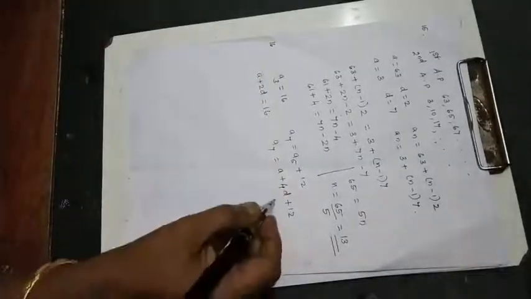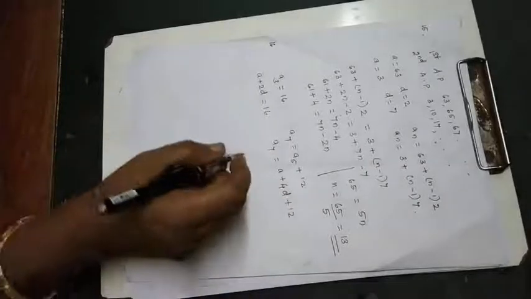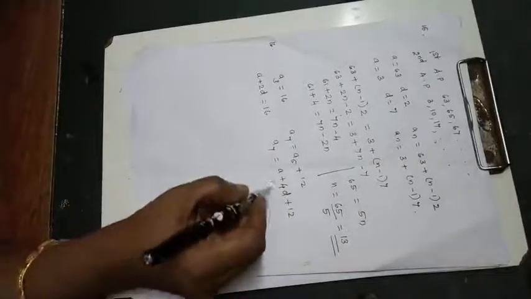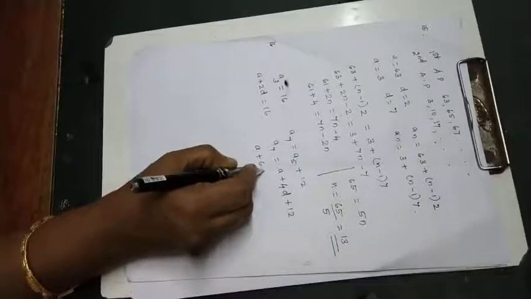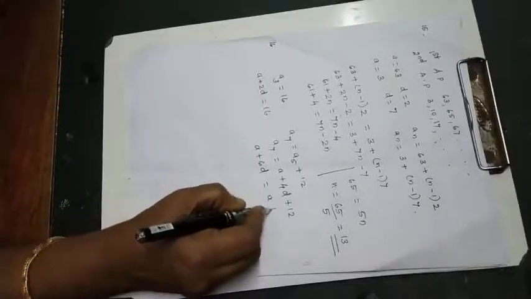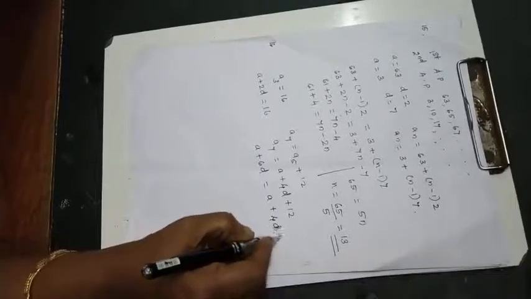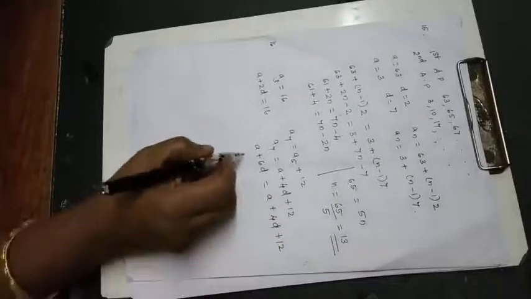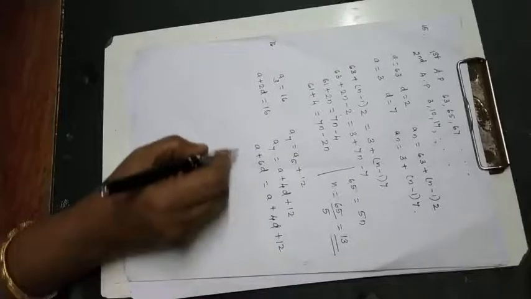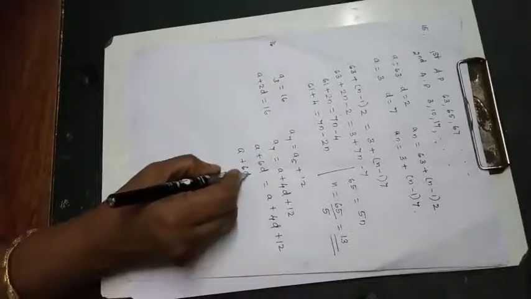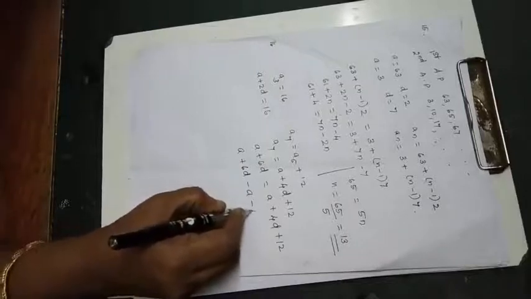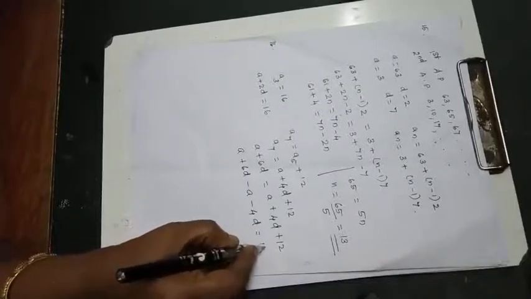Now A7 value you can put, A plus 6D will be equal to A plus 4D plus 12. Take the terms to this side, A and D, you will get A plus 6D minus A minus 4D equal to 12.